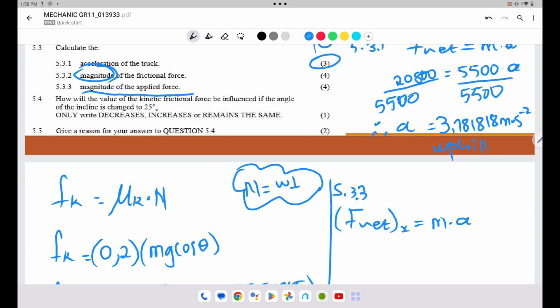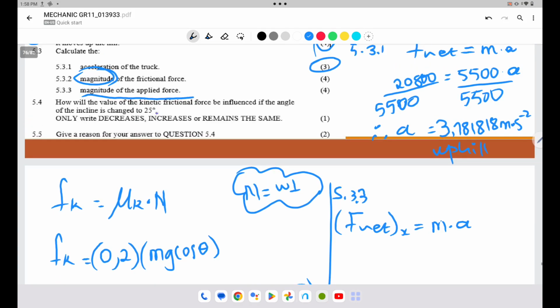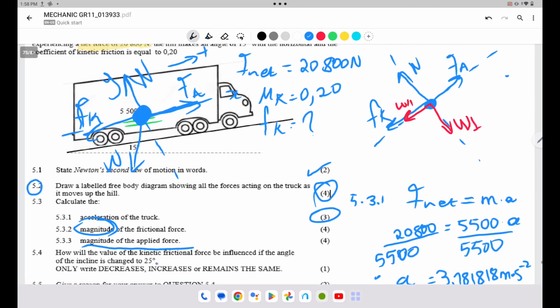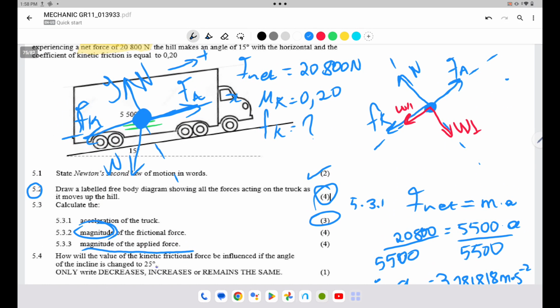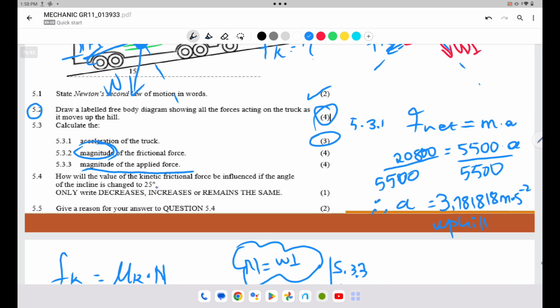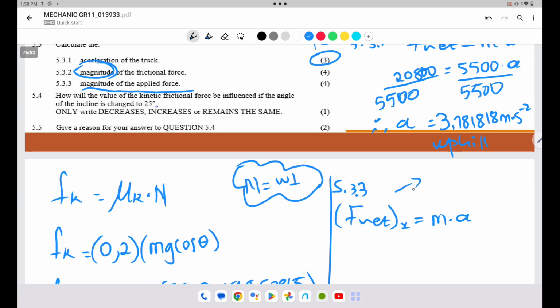I'm using this equation because this truck is accelerating along the x axis. Which forces do I have along the x axis? I have the applied force. I'm taking the direction of motion as positive, meaning uphill as positive. I have force applied from the free body diagram, minus the parallel component because it's pointing down slope, and minus Fk also pointing down the slope.